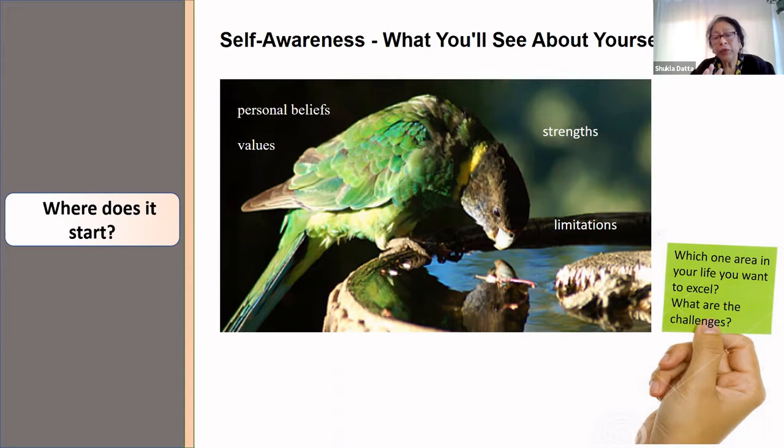Now, to do that, take an inventory of the limitations or challenges, I must say. What are the challenges? What do you need to learn? What skills are you lacking? How, when, where are you going to learn those? Take an inventory, and then you can go to the next step, what is called self-mastery.